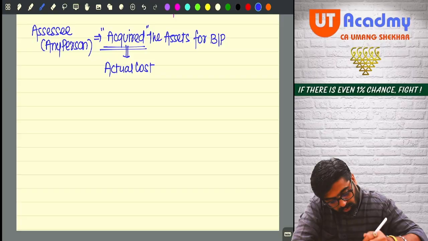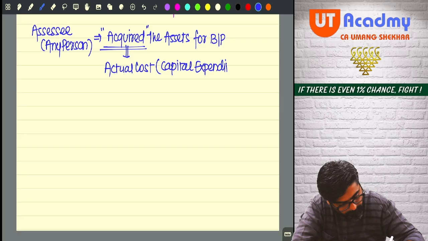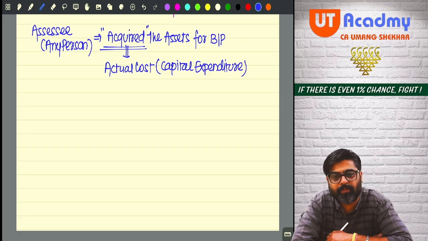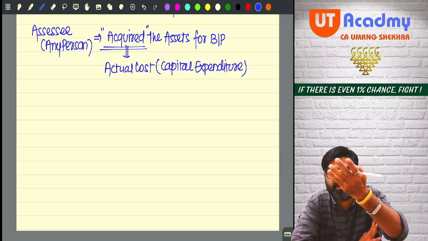Yes or no? So the actual cost which is incurred is nothing but capital expenditure. Tell me, you are incurring this capital expenditure for your personal purpose or for the purpose of business or profession? Definitely for my business or profession only I am incurring this cost, no?